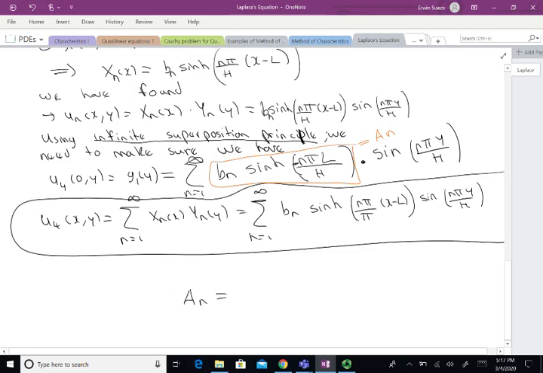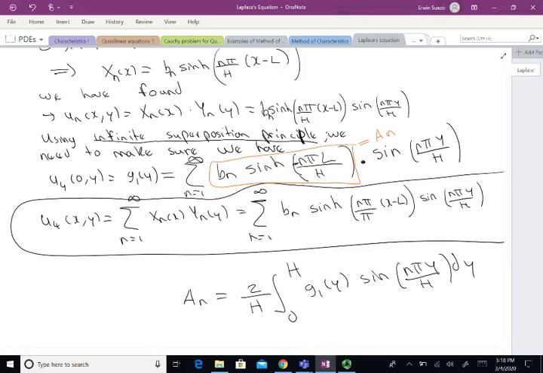So a_n has to be the integral between 0 and h of 2 over h times g1 of y sine of n pi y over h dy. Okay, and this is a_n, right?